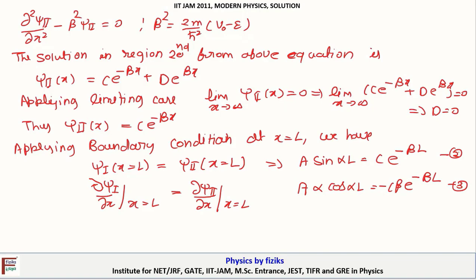On dividing, we get tan alpha L divided by alpha equals minus 1 by beta, or I can write it down as 1 by alpha cot alpha L equals minus 1 by beta.